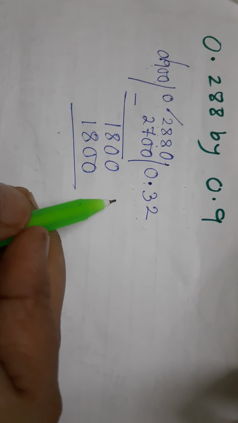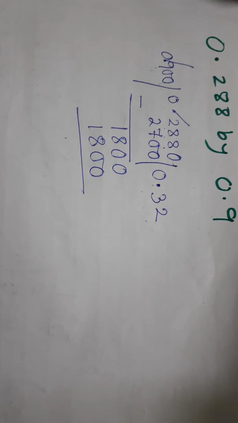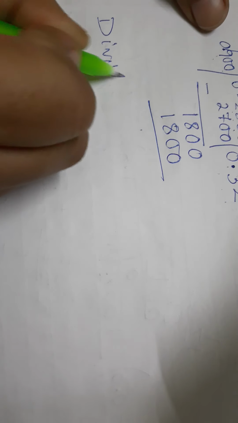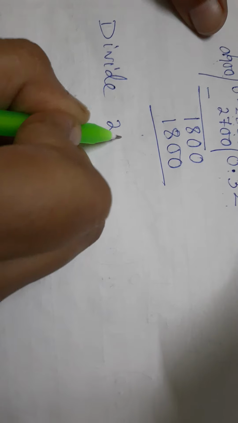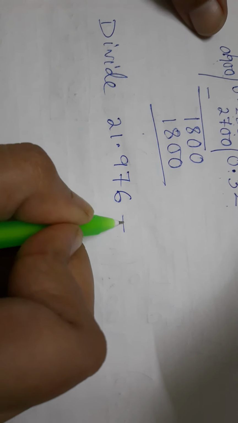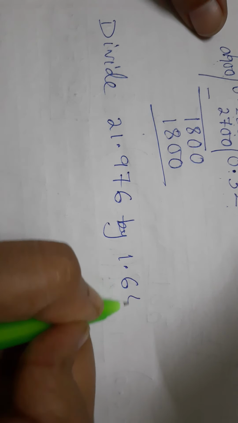Now one more example we can see. Suppose the question is given, you have to divide 21.976 by 1.64.